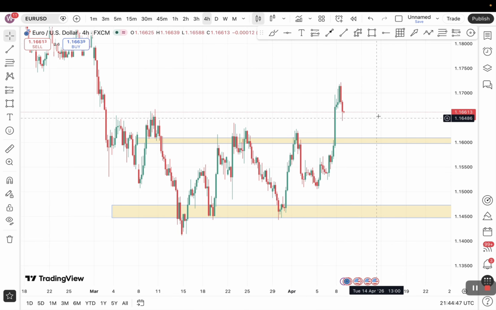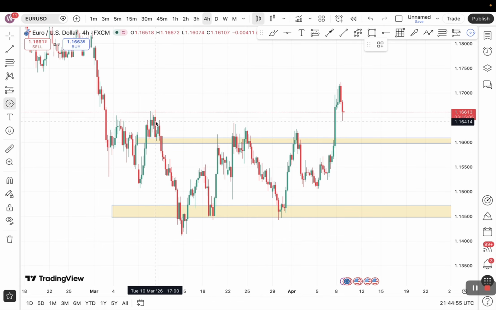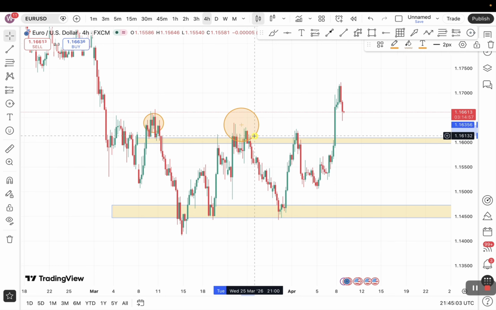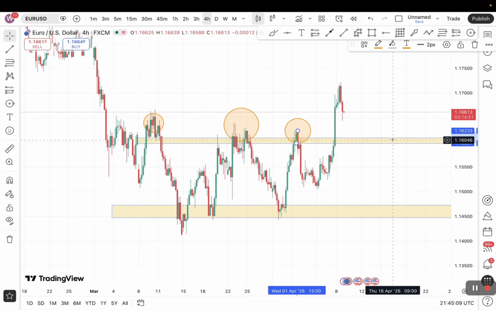This is support. You can see the market has been touching this area many times. The market touched here, touched here again and came back to retest. That's the second time. It came back again and retested, and that's the third.